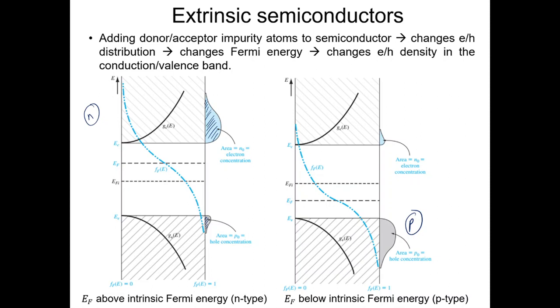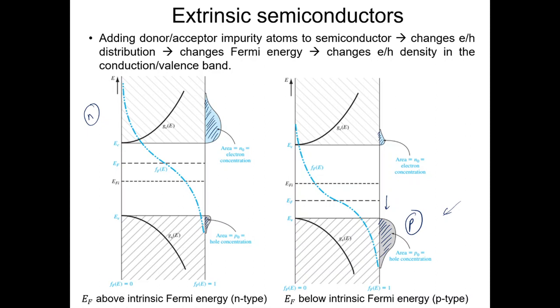Similarly, if you are doping with P type, the hole concentration will go up, but since the Fermi level has shifted down, the probability of occupying a state in the conduction band for this particular material will go down, and therefore this area under the curve will go down.